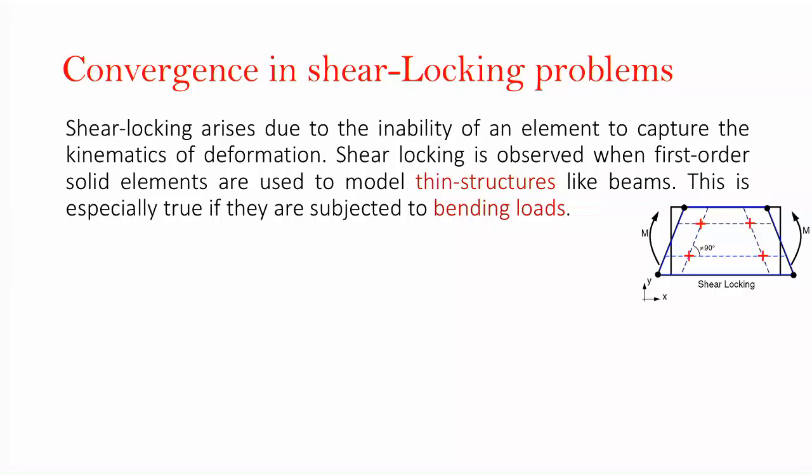The black line shows the undeformed shape of the quadrilateral element, and the blue line shows the shape after the deformation. You remember from pure bending problems that we only have normal stresses and normal strain. We don't have shear stress in pure bending, right?